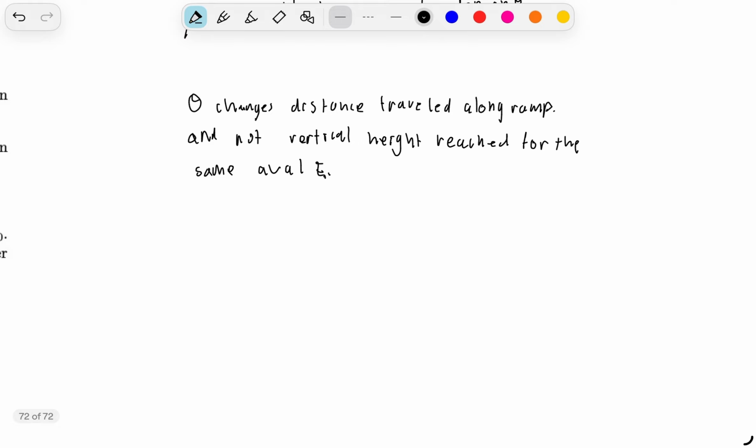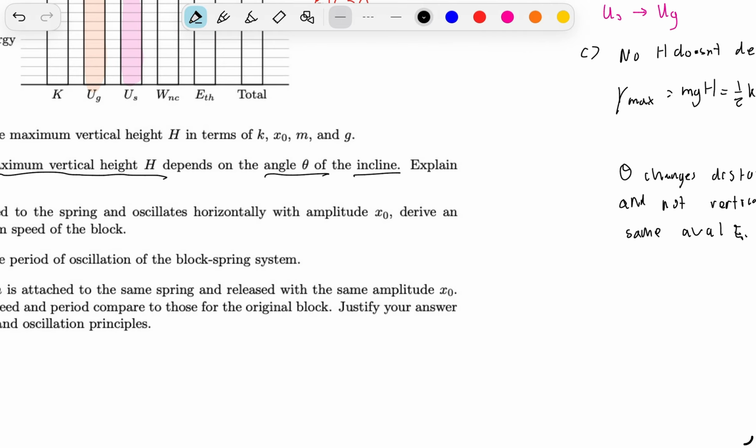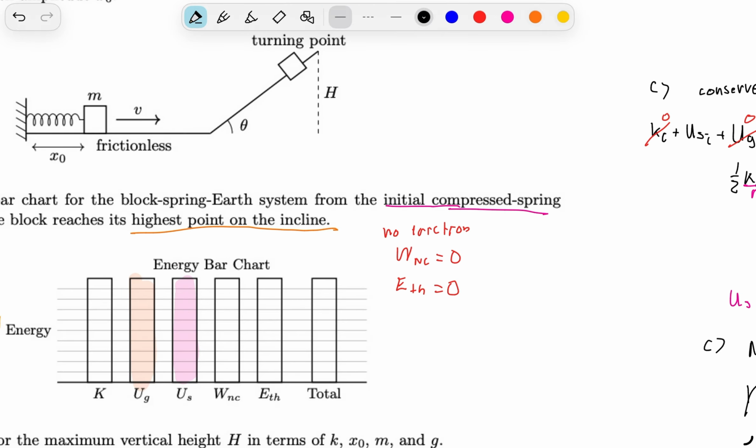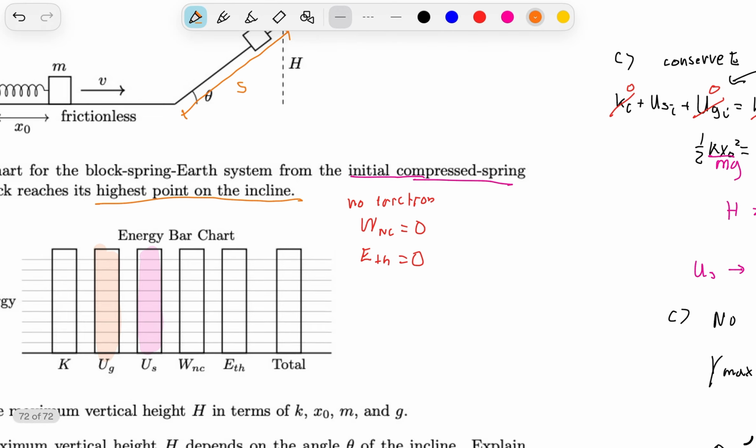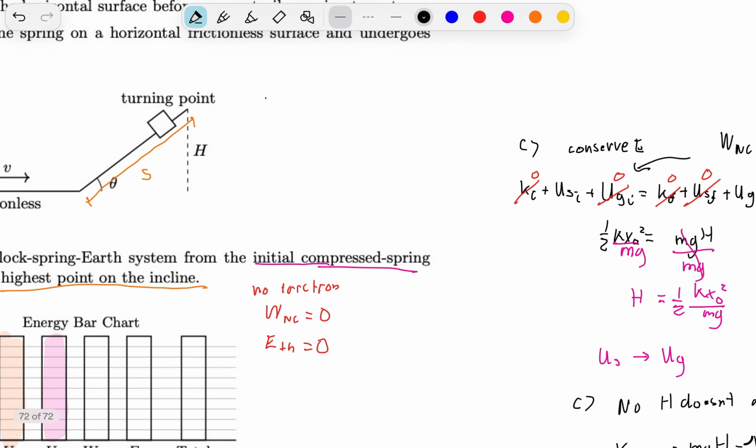So if we say that our distance along the incline is equal to s, then we can say that our h is equal to s times sine of theta.